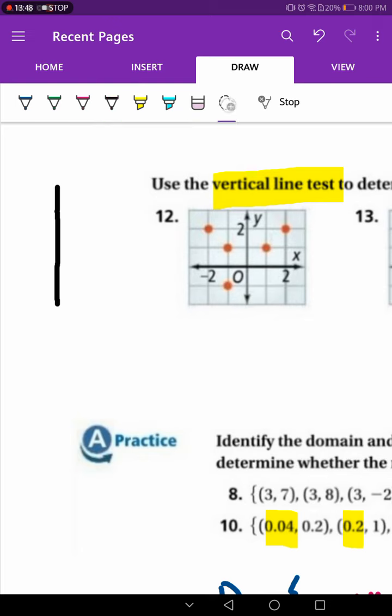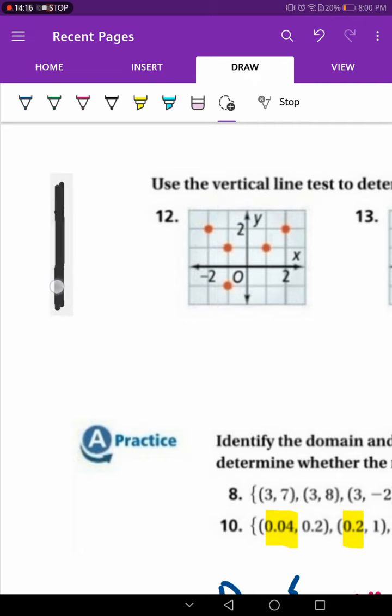I will use it now to check if this graph is function or not. My dear student, let us check. See, hit 1 point, hit 2 points. So if hit 2 points, that means this is not function.